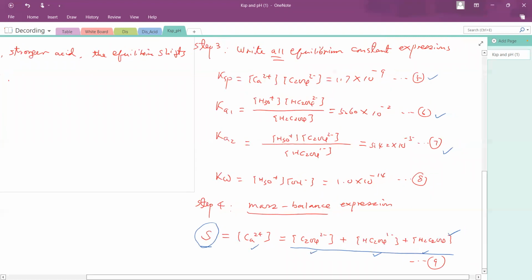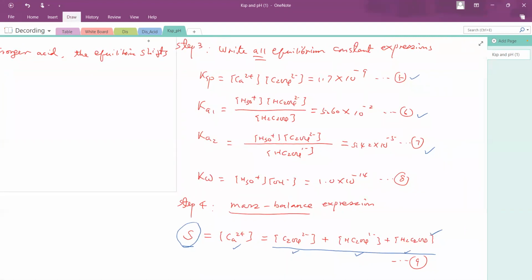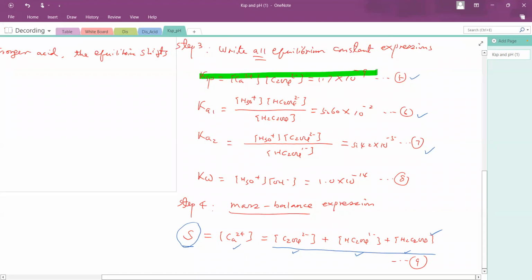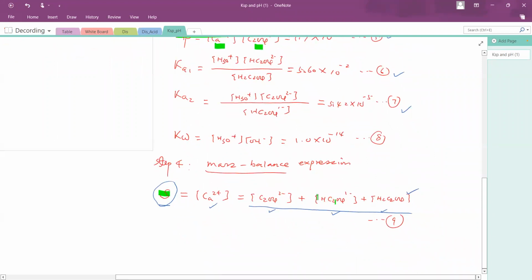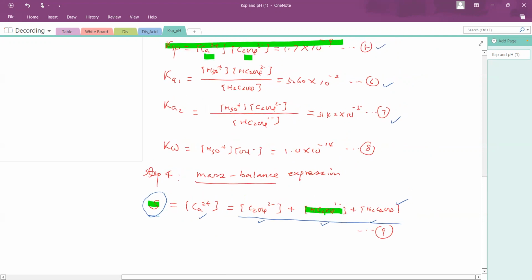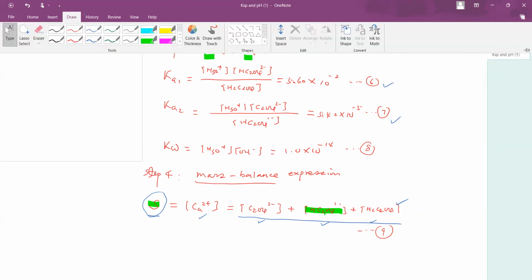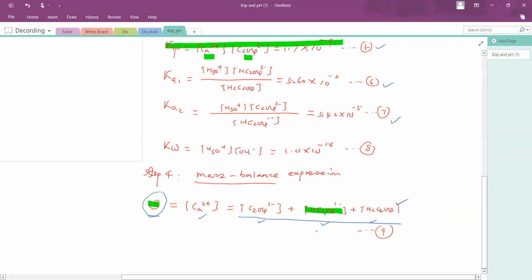Now, how can you do that? Look at equation 5, the Ksp. So we know this one is S. And if we can find out the relationship of oxalate with S, we can simply solve this equation. Now, how can we do that? We are going to convert, replace this one, hydrogen oxalate.